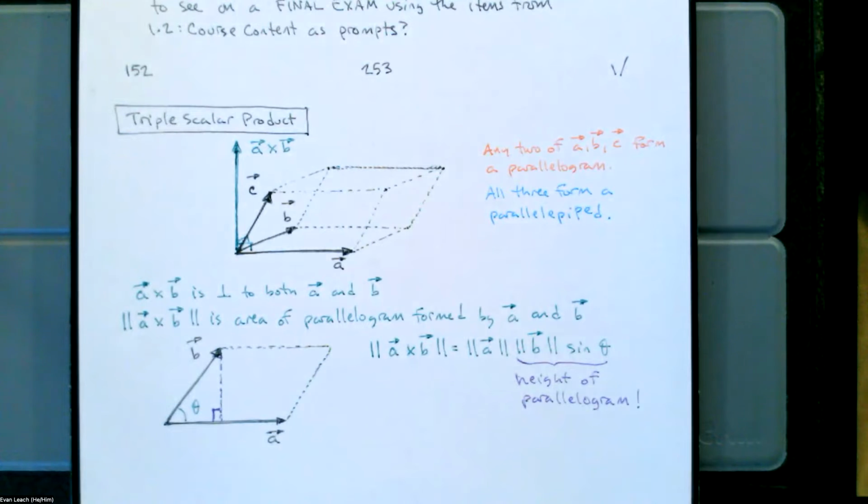If I want the volume of the parallelepiped, I need to take the area of the floor and multiply by the height.